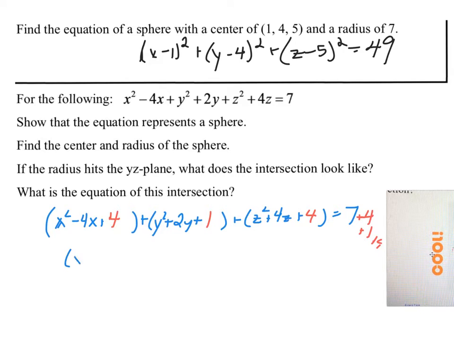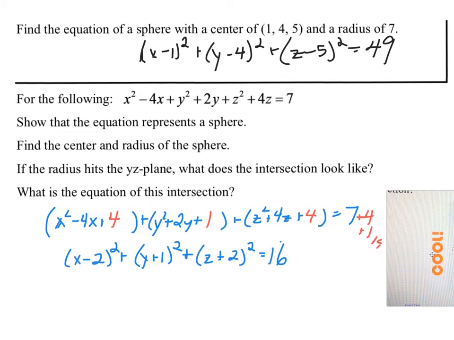Then we've got x minus 2 squared plus y plus 1 squared plus z plus 2 squared equals 7 plus 4 plus 1 plus 4, which is 16.